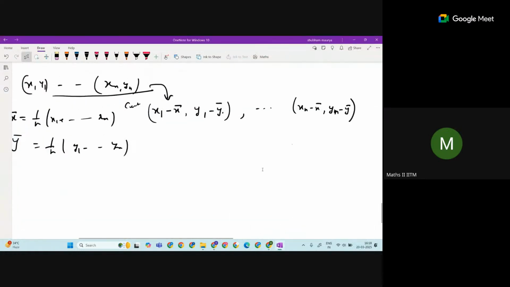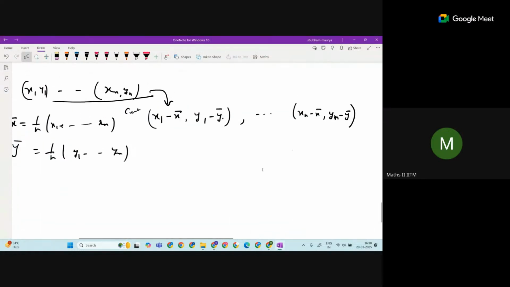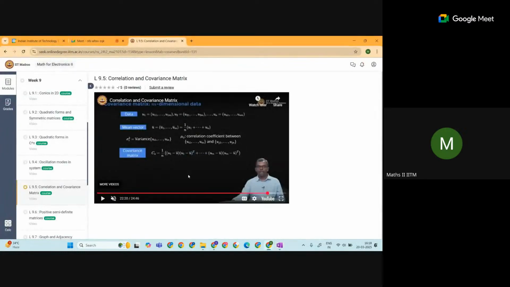It is nothing but how we wrote the correlation matrix, the sum with the transpose on the same. This is for n dimensional.